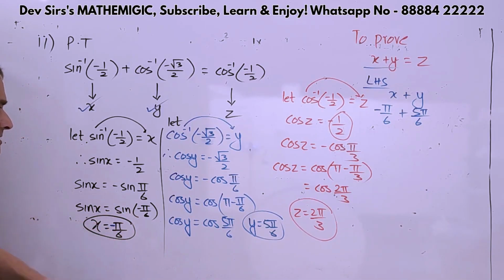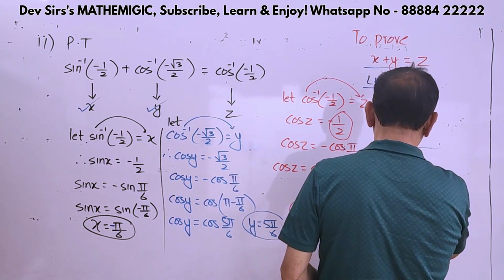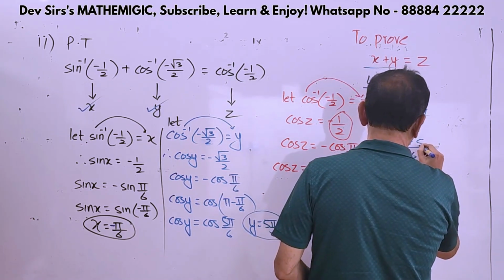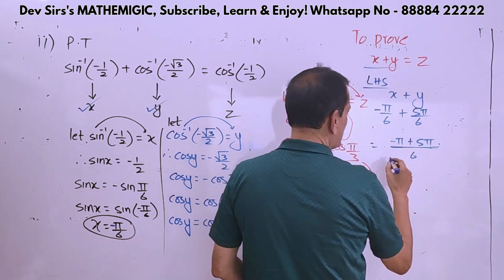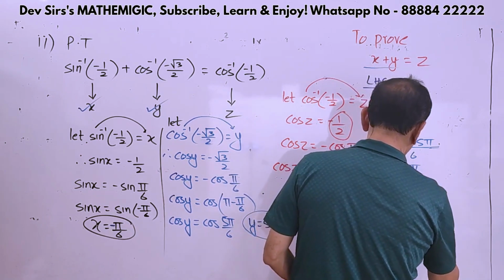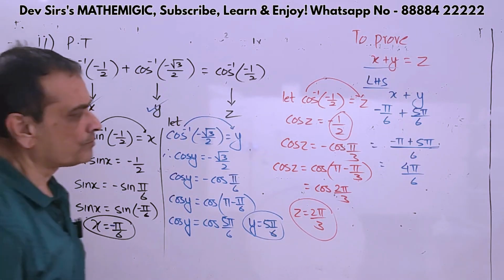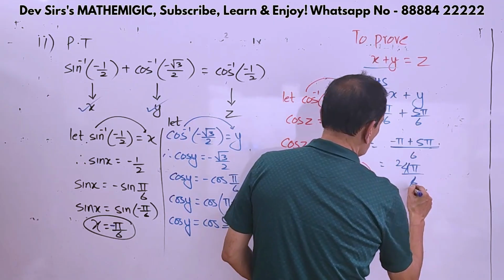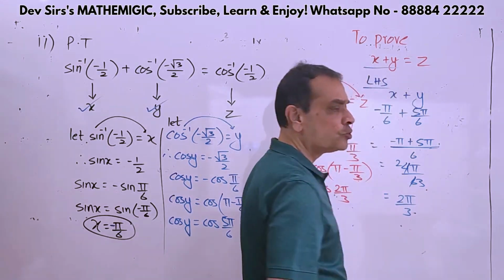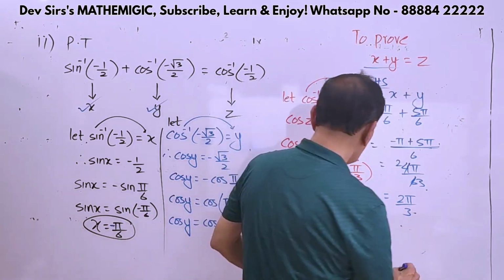Sin और sin ignore करने के बाद minus pi by 6 आया. So 6 is the common LCM. Minus pi plus 5 pi, 5 pi minus pi, 4 pi by 6. 2 2s are 4, 2 3s are 6. 2 pi by 3 is the answer, which is your RHS equal to z.